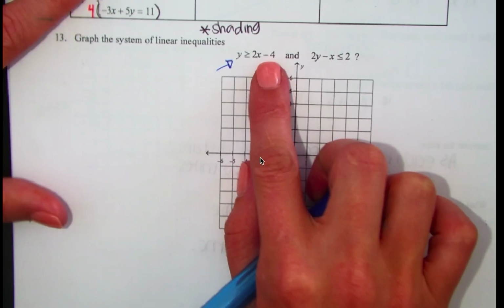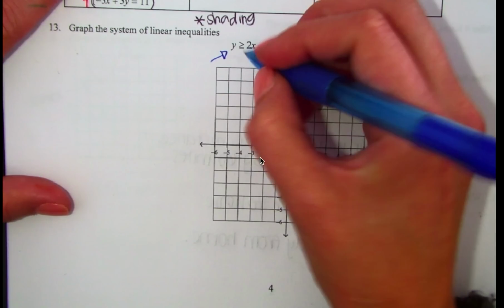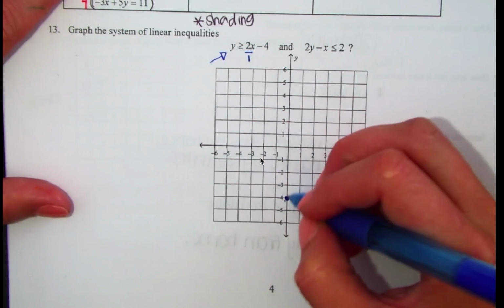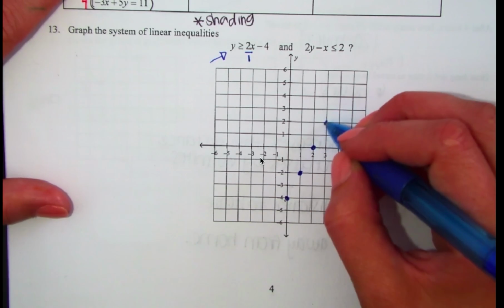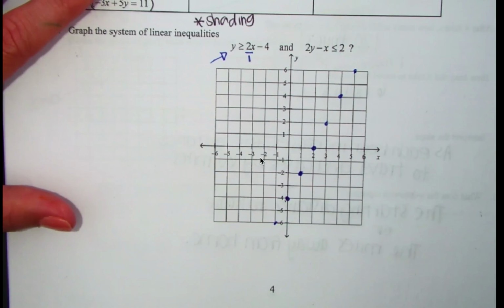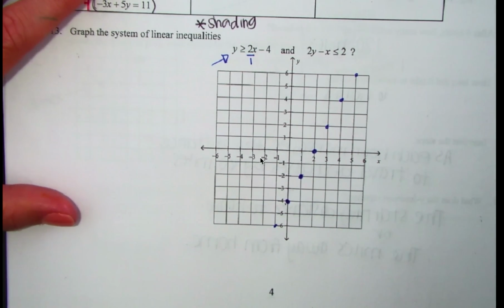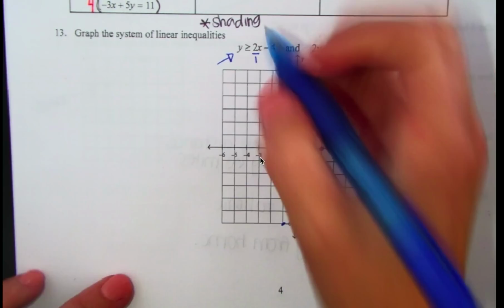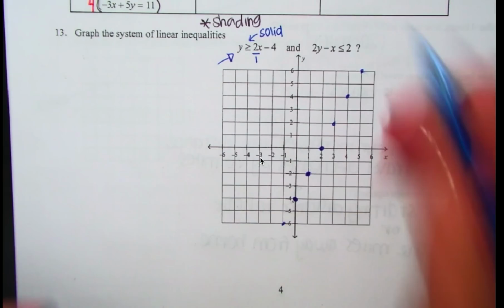This is my y-intercept. I'm starting down at negative 4. And then I have a slope of 2 over 1. So from this y-intercept, I rise 2, run 1, rise 2, run 1, and do that across my entire paper. I'm going to be drawing a solid line because of the underline in the inequality, telling me this is a solid line.